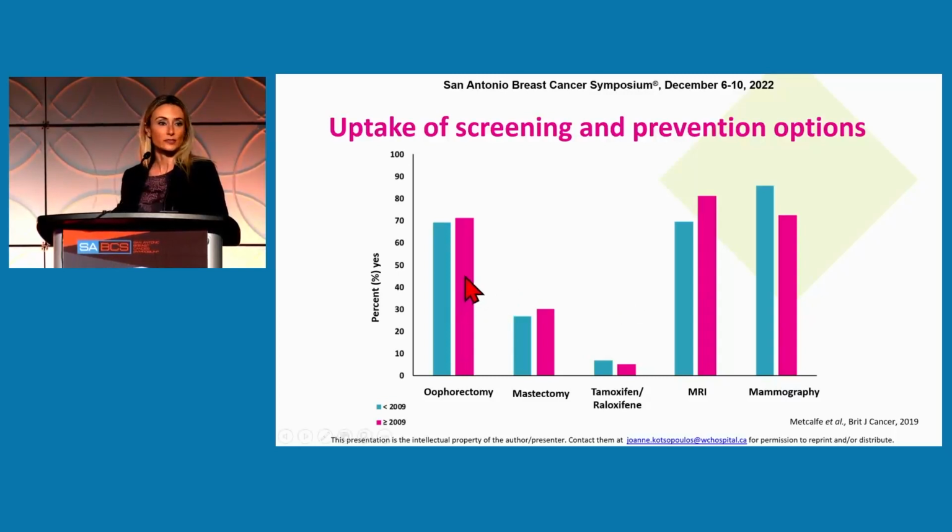Oophorectomy is increasing, so most women are having their ovaries removed at the recommended time. Mastectomy is still fairly low. About 30% of the population that we follow has opted for a preventative mastectomy. But what has been low and remains low is the use of chemoprevention. Here we see less than 5% of our population to have used this drug.